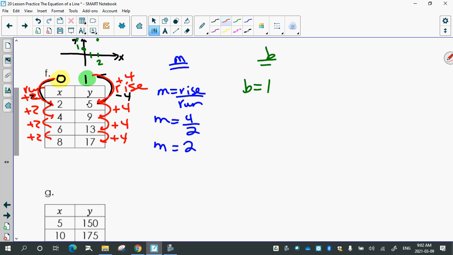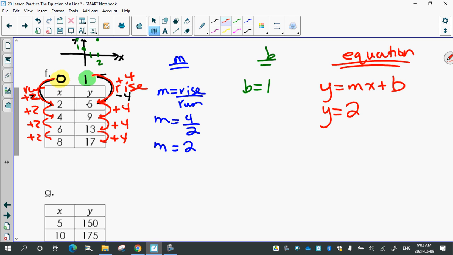Okay, very good. All right, so now we want our equation. So our y is y, our slope is 2, x is x, and our vertical intercept, our initial value, is positive 1, so plus 1.